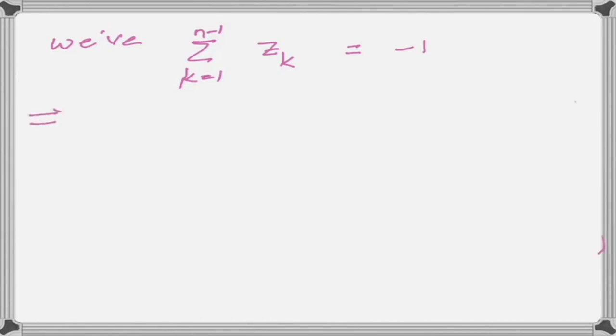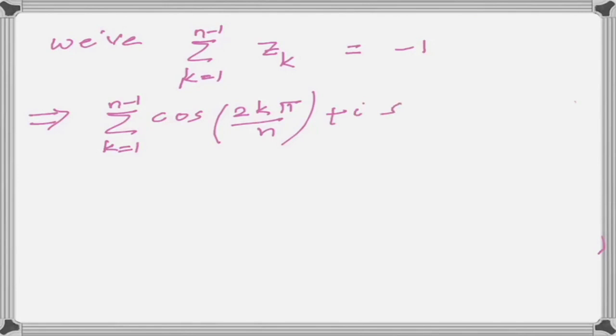This implies that summation k goes from 1 to n minus 1 cos 2k pi by n plus I sin 2k pi by n is equal to minus 1.